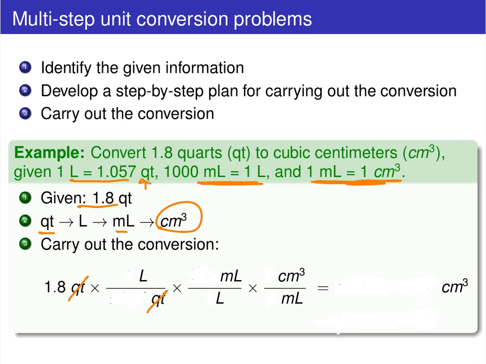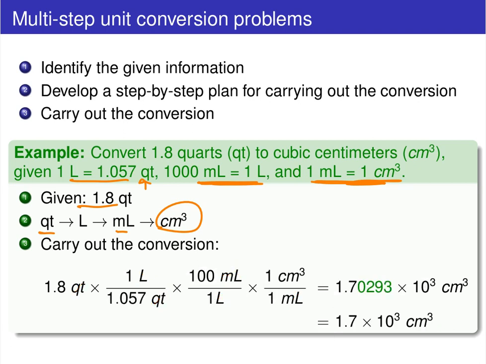Then, to cancel out the liters and get to milliliters, we're going to need liters on bottom, milliliters on top. And finally, to arrive in our desired unit of cubic centimeters, we're going to need to put milliliters on bottom in that conversion factor.